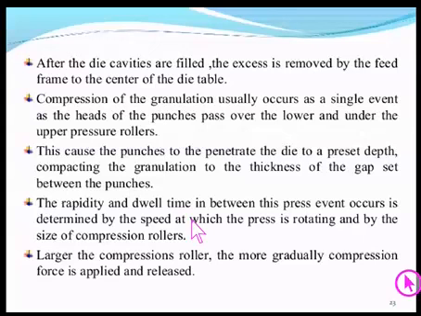The compaction will be proper if a proper dwell time is allowed. Otherwise, if inadequate dwell time is there, proper compaction will not take place, and the resulting tablet will not have the desired mechanical strength and the desired hardness.